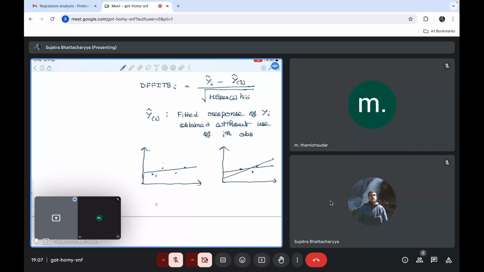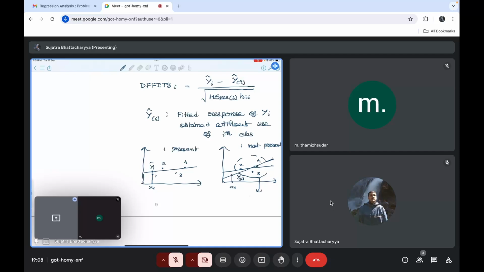This is the first, second, third, and fourth. This is second, third, and fourth. Corresponding to x1, this is your y1, and this is your y1. Now, corresponding to x1 here, your y1 hat is this, but this is in the absence of 1. In this case, the first observation is not present, and here 1 is present.